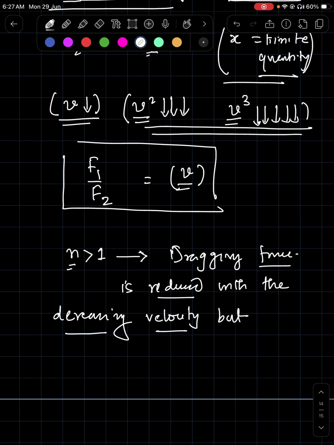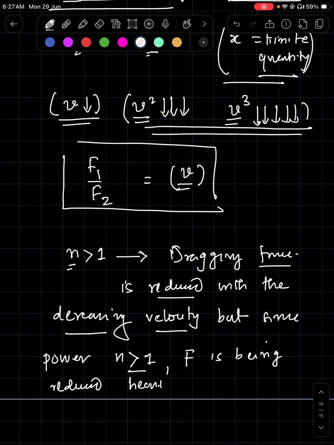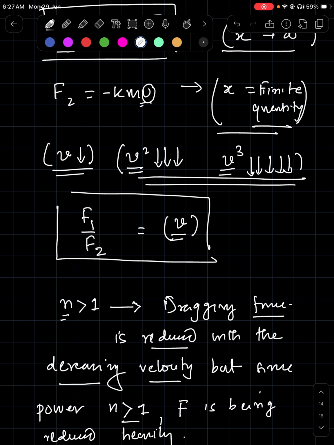But since the power n is greater than one, the f is being reduced heavily. That is a very, very important distinction between the two cases.